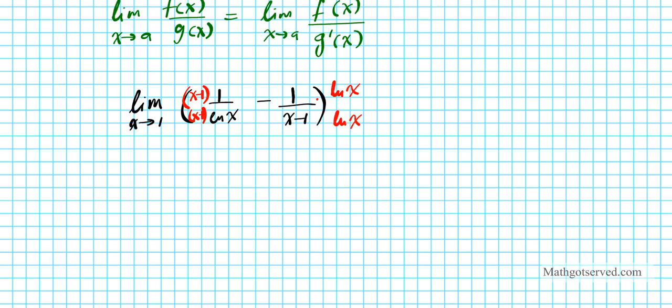That makes my problem become the limit as x approaches 1 of x minus 1 minus the natural logarithm of x, divided by the LCD, which is the natural logarithm of x times x minus 1.